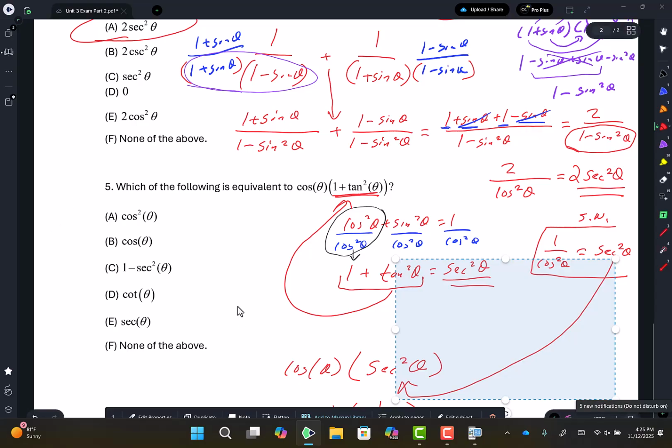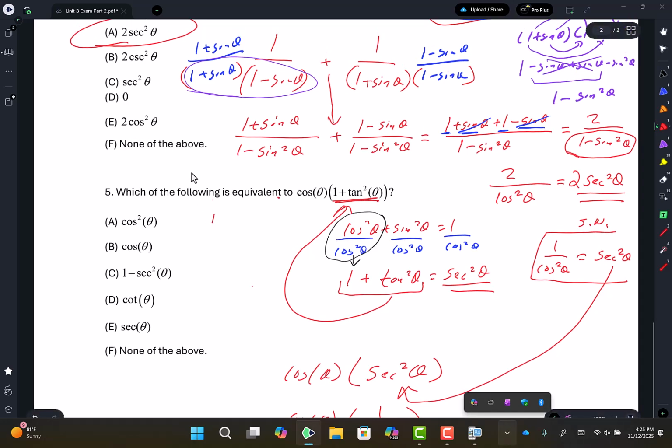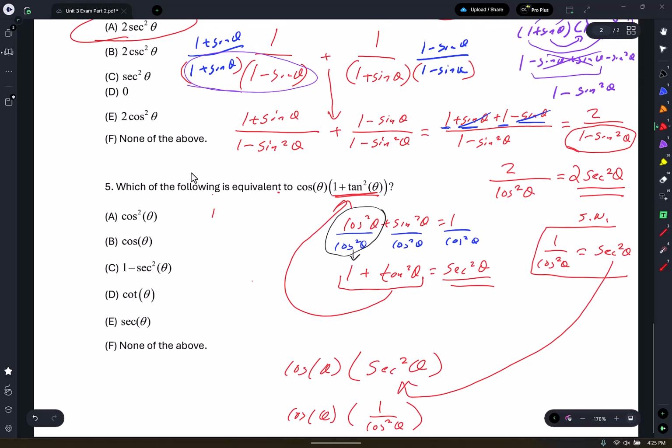Now that I have it looking like this, I can cancel one of these cosines with one of these because that says 1 over cosine squared. And now this will just be 1 over cosine theta.